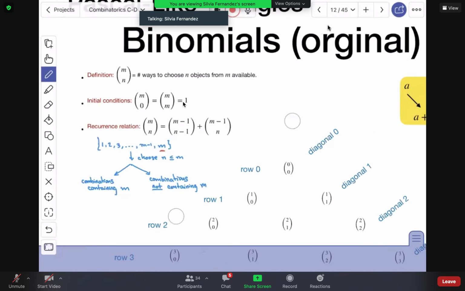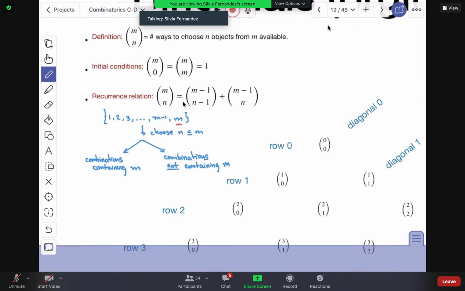And how many of each do you have? Well, if they contain m, you already have one of the n elements to be chosen. So now you only have to choose n minus 1 from the m minus 1 remaining elements. From this set, choose n minus 1 elements.